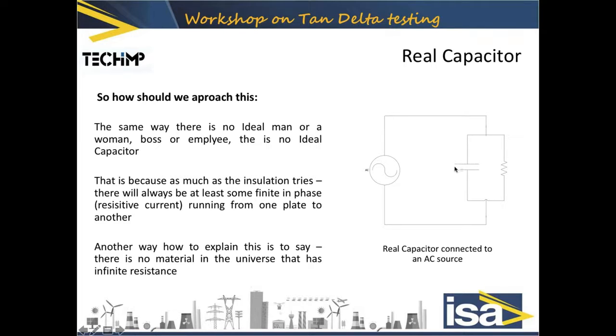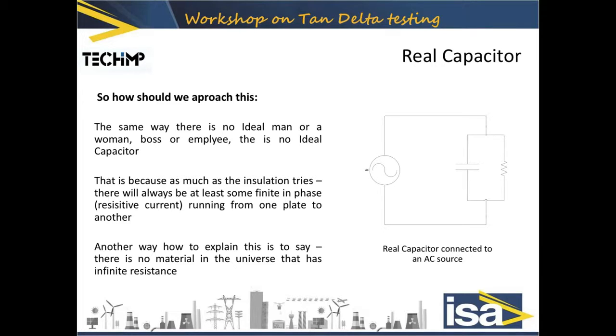The angle between these two currents is also 90 degrees, so we will have voltage coming from here, current leading 90 degrees, and then another current which will be in phase with this voltage.